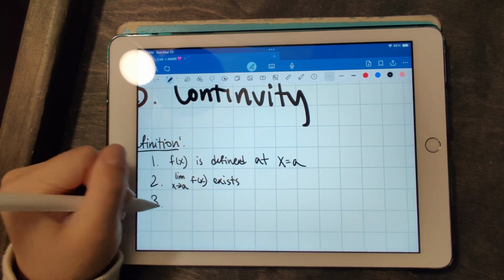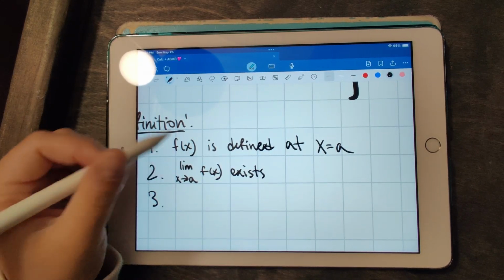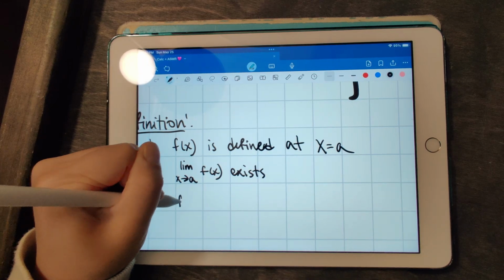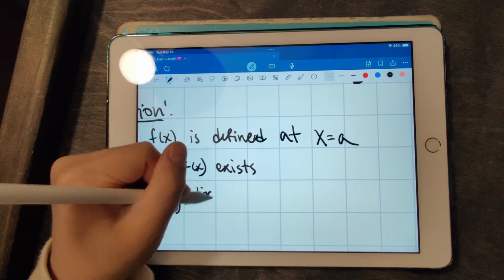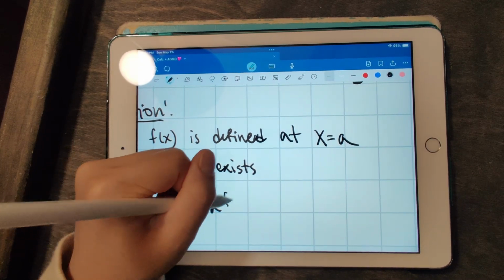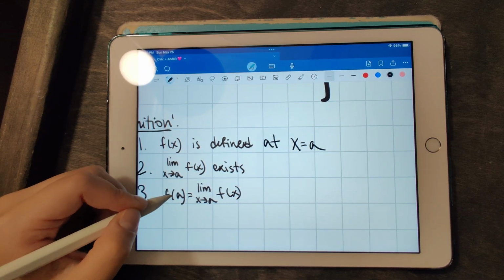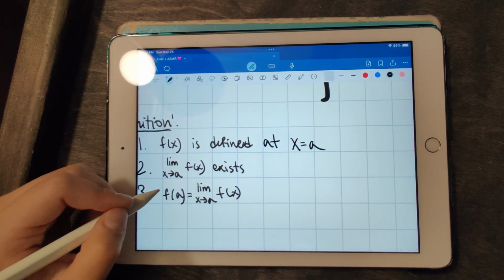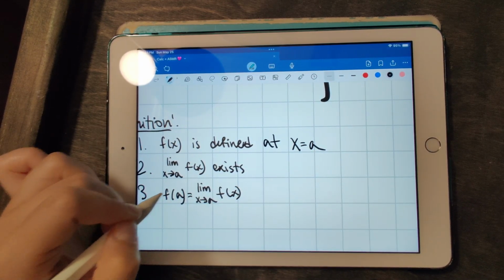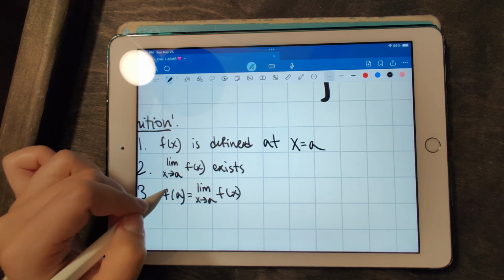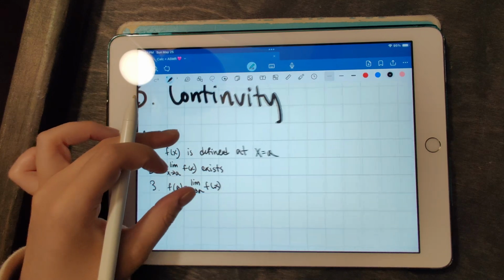And then the third condition, which is the very important one that makes this whole function f continuous, is that we need f of a to be equal to the limit as x goes to a of f of x. So the function is defined at x equals a, and whatever value it's defined as is equal to the limit. This is basically the official definition of continuity.